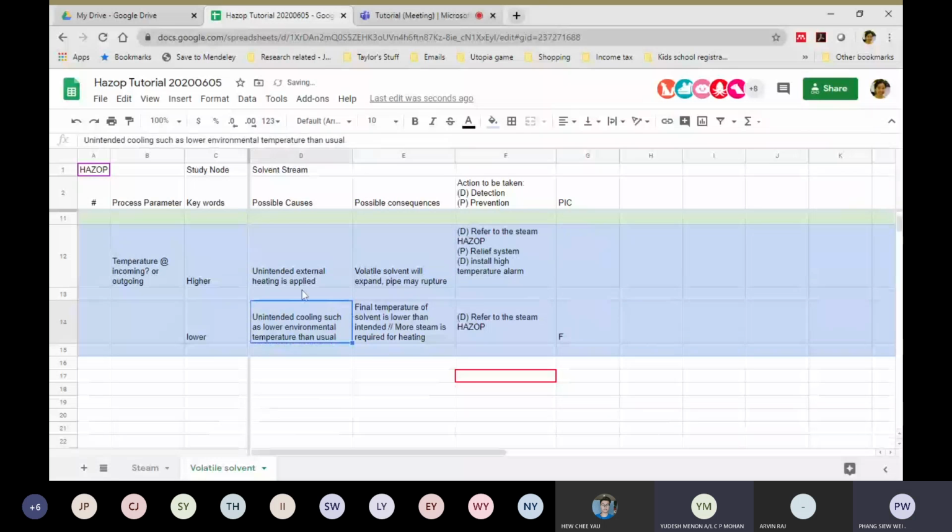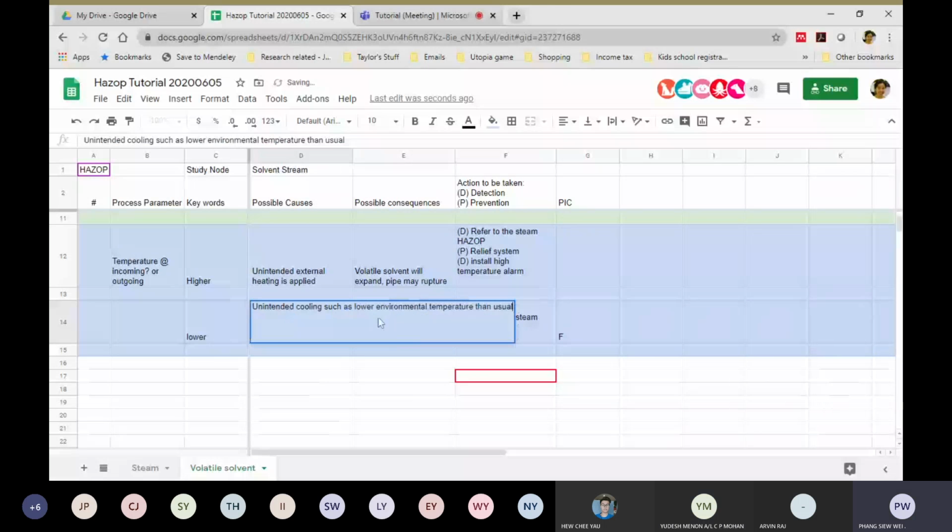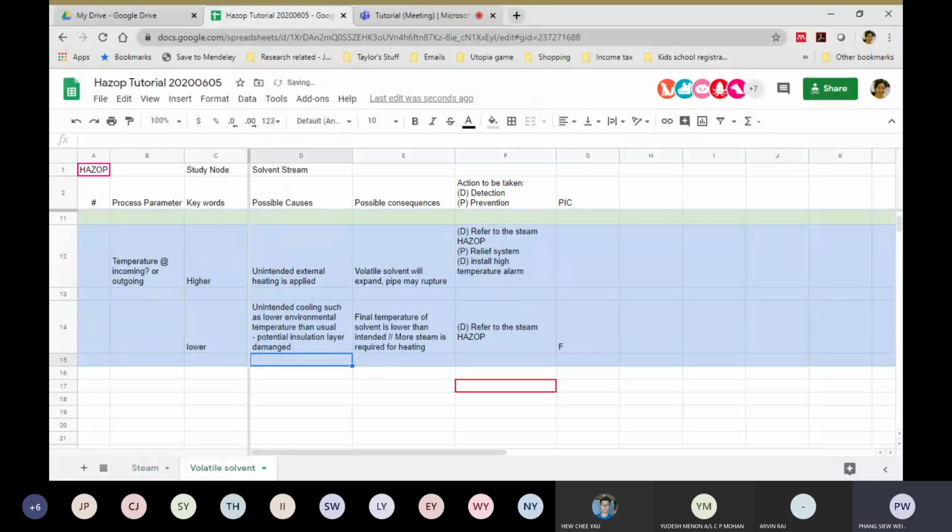You know what? We also need to have potential insulation layer damage. Meaning, because all this piping, we always have insulation because we are talking about high temperature.